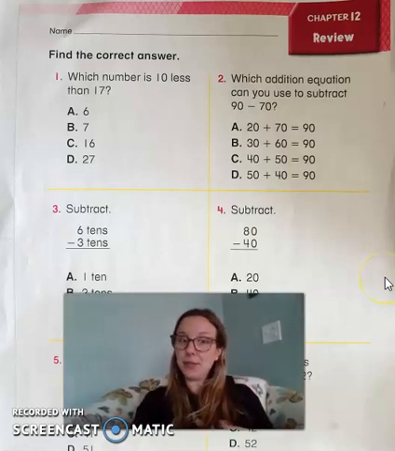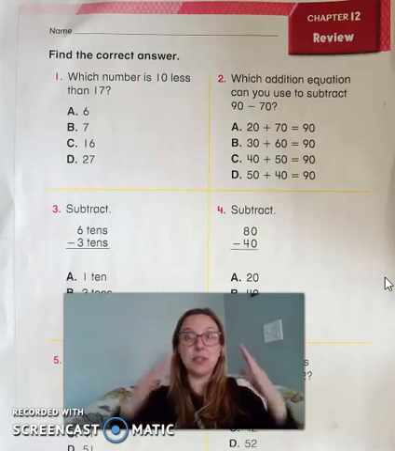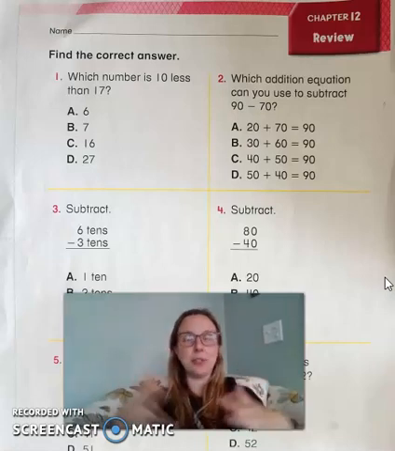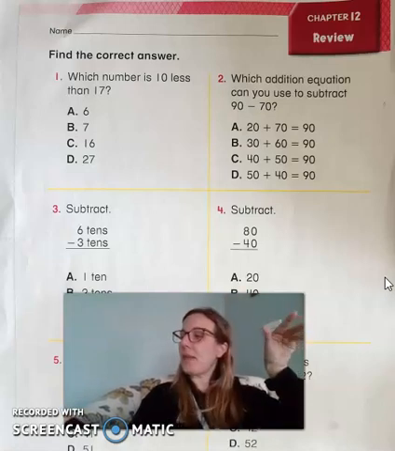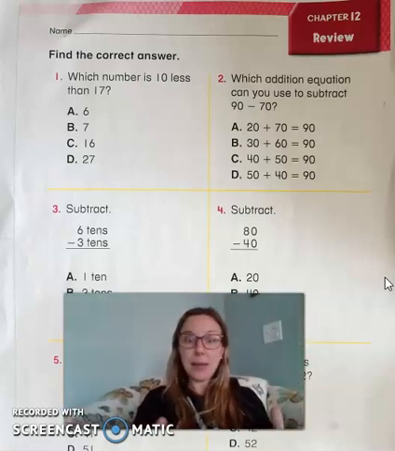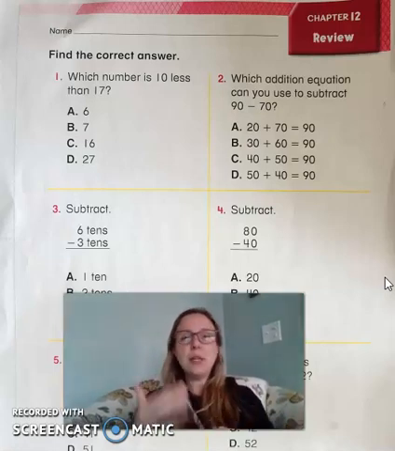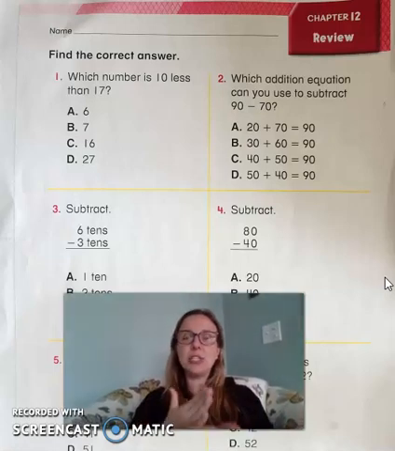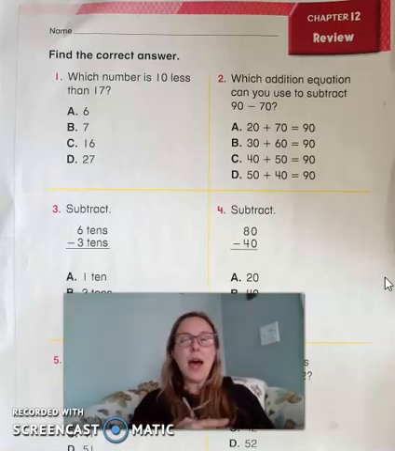And I just want to remind you that this review goes over all of the concepts that we have learned in this math chapter. So if there is any confusion on any of these problems as we go through this, you want to make sure that you pay really good attention, because this is the last chance you'll have before our test that we'll be taking on Monday.